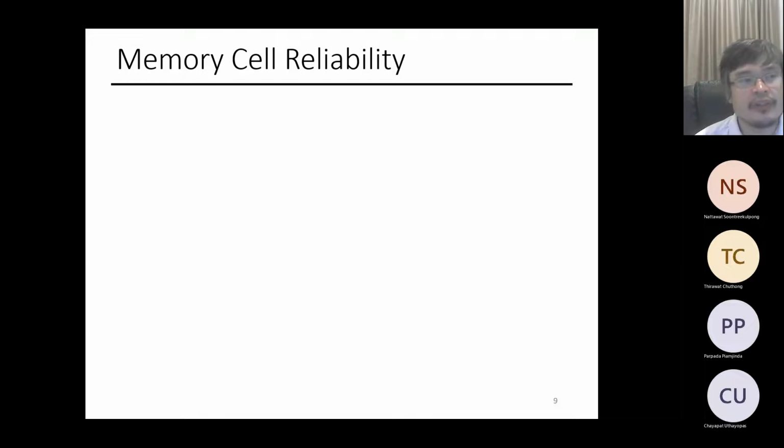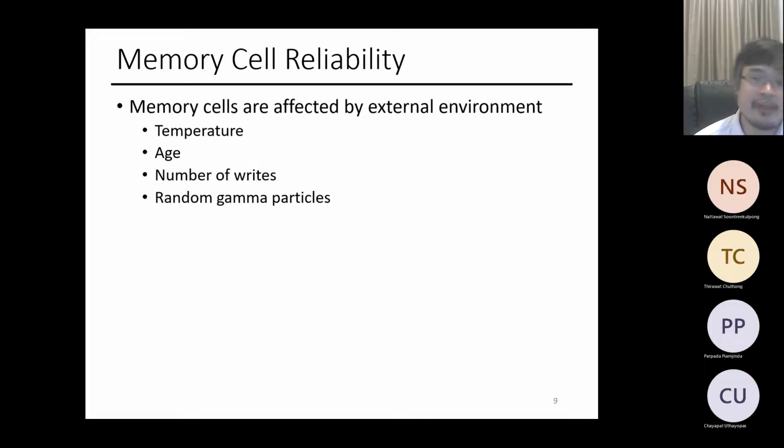Then we left off with this: memory cells can be impacted by the external environment because these are physical things. If you heat the DRAM cell up, it's going to be affected and be less effective at storing charge.